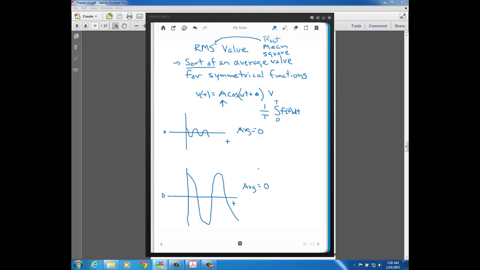So that's where RMS comes in, because RMS is a way to get a value over an interval of time for a symmetrical waveform, but one that is more descriptive. When you get the RMS value for a waveform, before you take the average, you square the function. The first operation in the RMS is that you square the value.